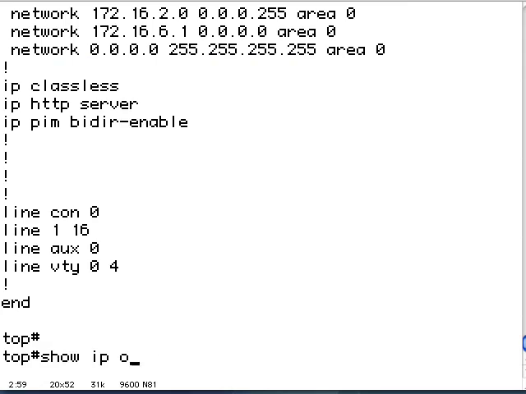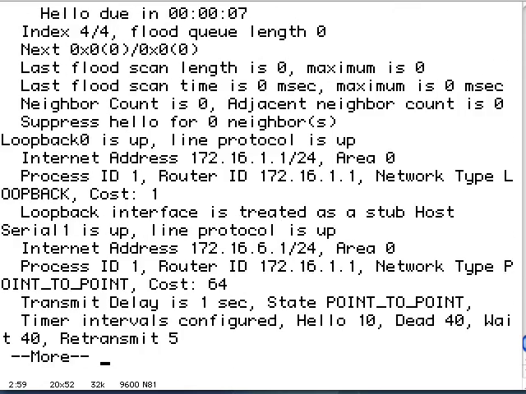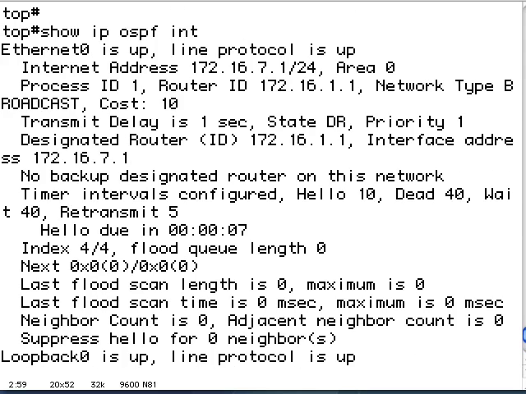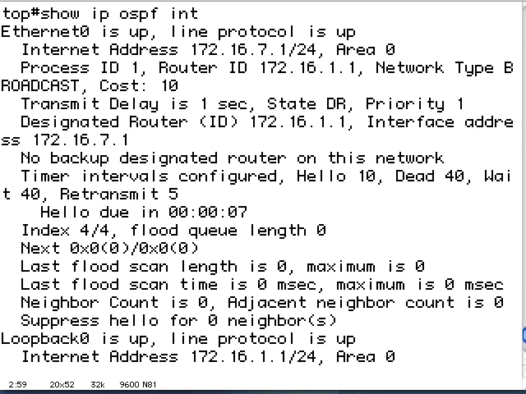Okay, show ip ospf int. Scrolling back, we now have 4 interfaces that have OSPF enabled, and here's Ethernet 0, line protocol is up, the internet address is 172.16.7.1/24, it's in area 0.